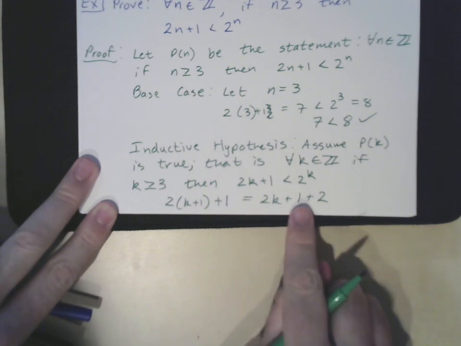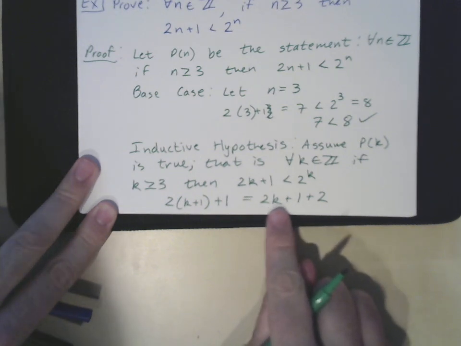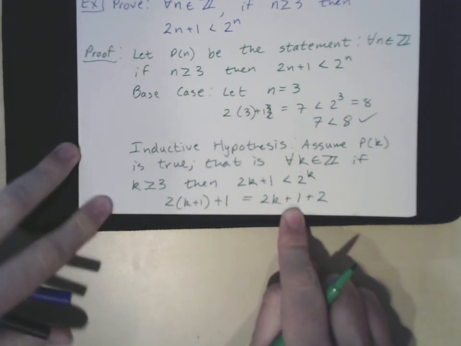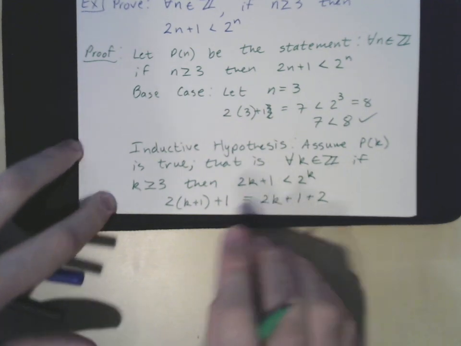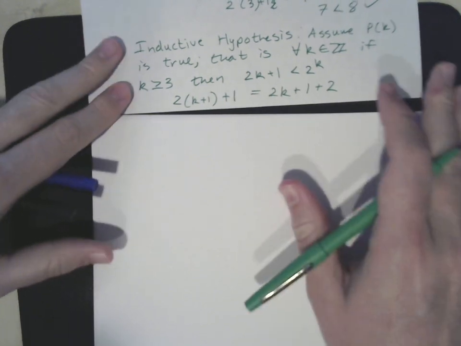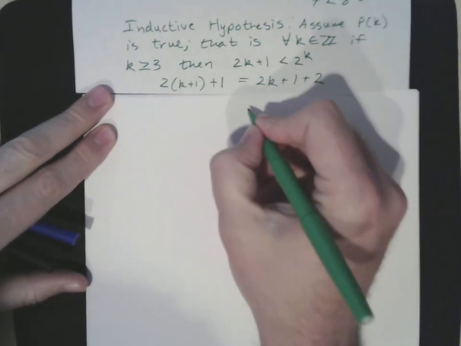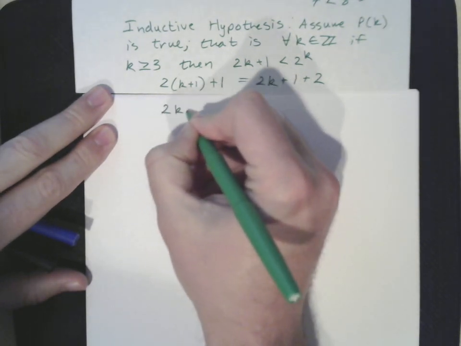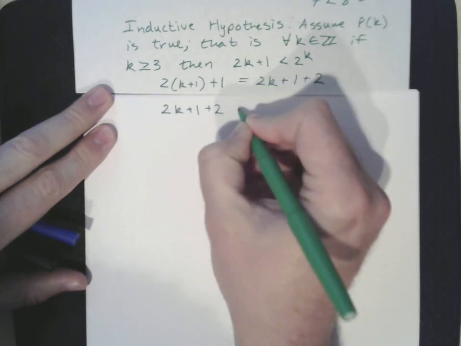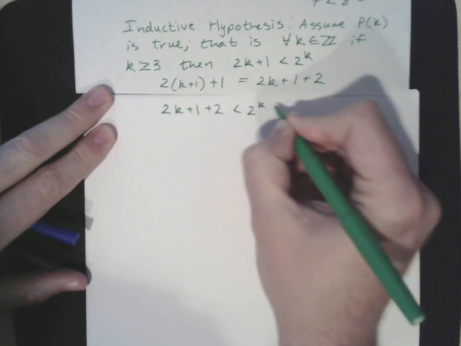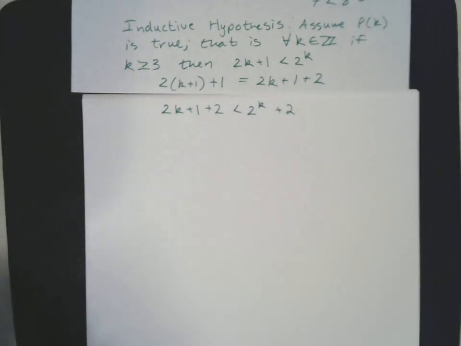And I'm doing that because, just as we talked about in 5.2, I need that p of k to appear. And we have it right there, 2k plus 1. So this is certainly less than, come on, papers, work for me. 2k plus 1 plus 2 is certainly less than 2 to the k plus 2.